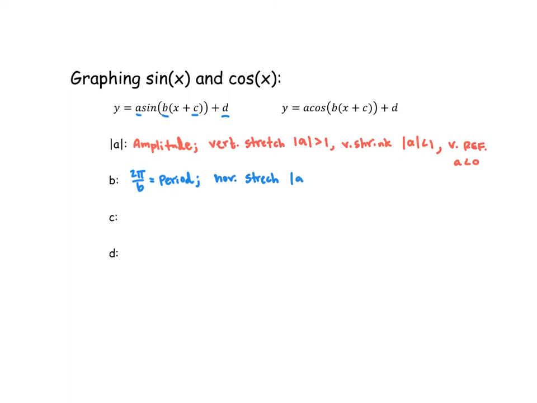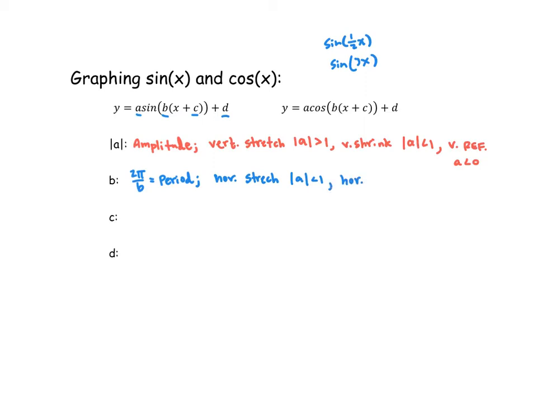If the absolute value of B is less than 1. Okay, so there's a horizontal stretch, kind of the opposite of what you think. If I had sine of 1/2 x, that's a horizontal stretch by a factor of 2. If I had sine of 3x, that's a horizontal shrink by a factor of 1/3. So be careful with that.